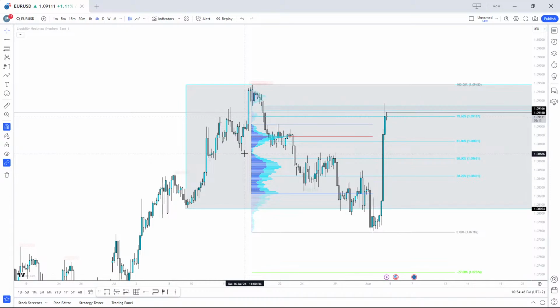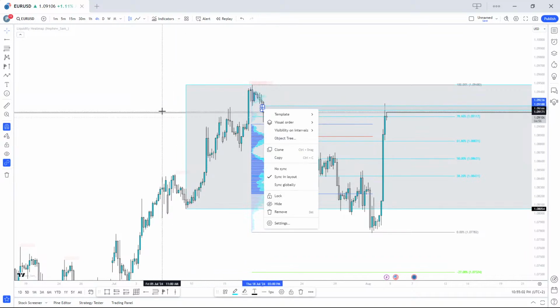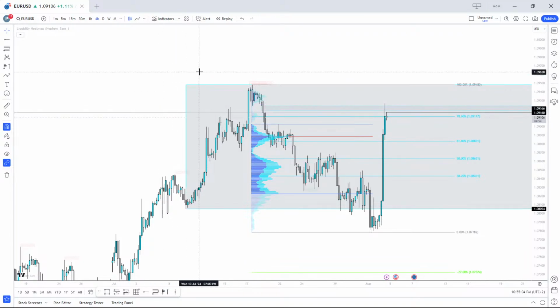There's a big inactivity that has to get filled up. This is the point where orders have to get filled. So it's a fair value gap. This is so confusing.